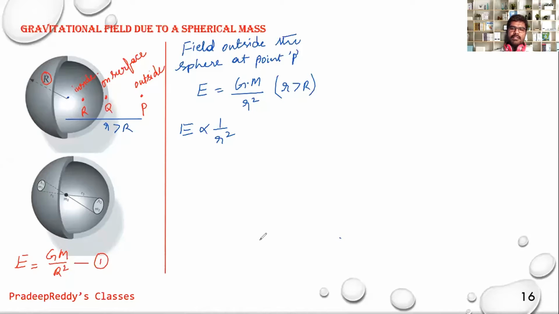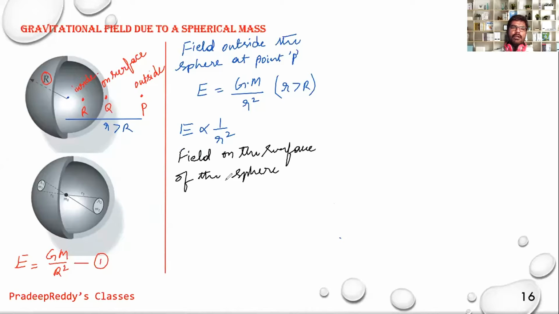Likewise, when you are on the surface of the sphere, if you are calculating gravitational field on the surface of the sphere, the effective radius of the sphere is equal to capital R. Capital R is the radius of the earth.